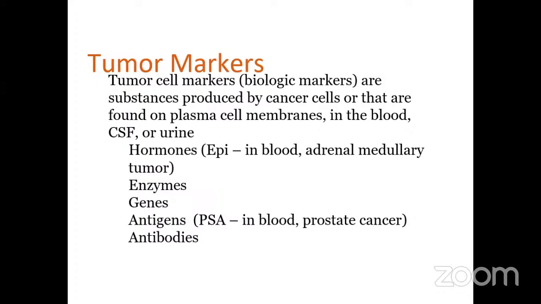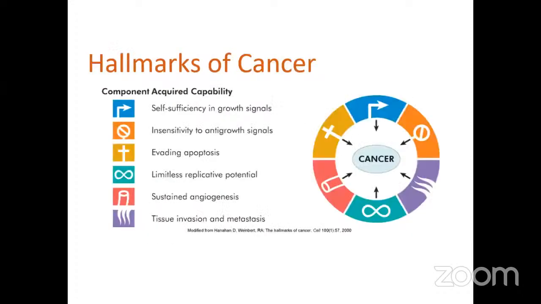Hormones you can see in adrenal medullary tumors, where we can detect large quantities of hormones in blood, and some specific enzymes, some genes, some antigens, then antibodies. So like that we have some markers.